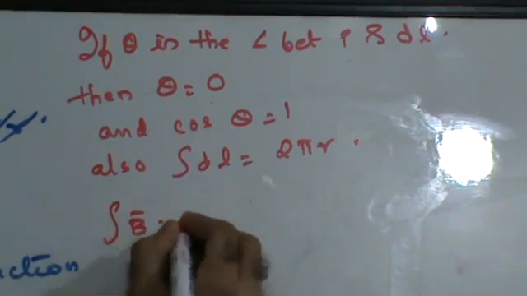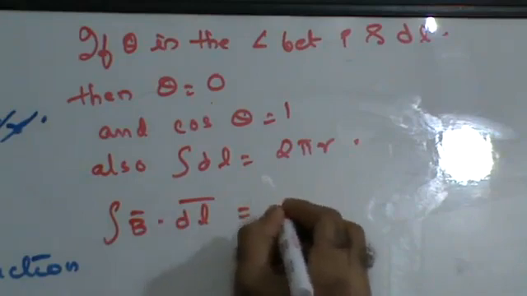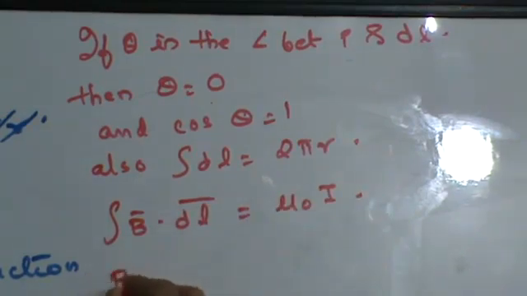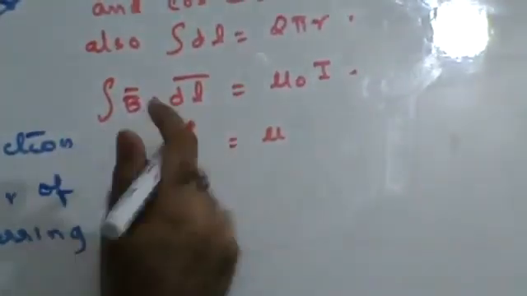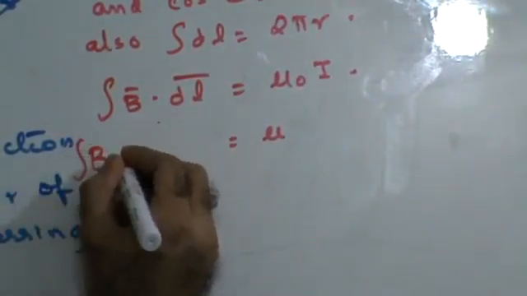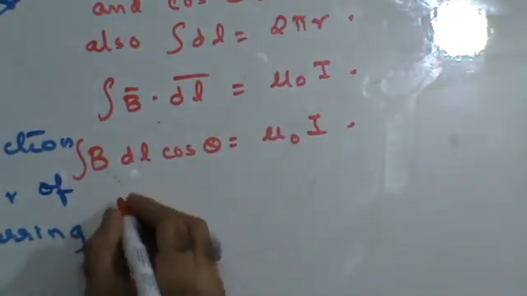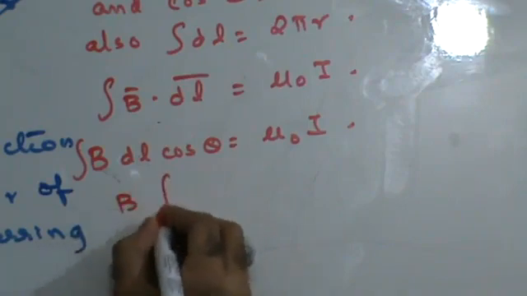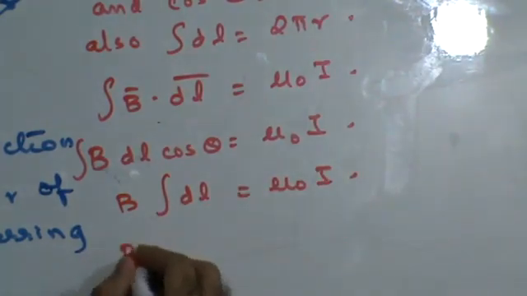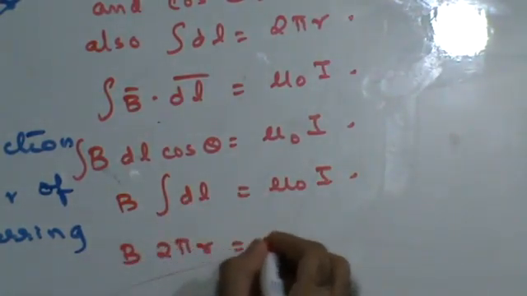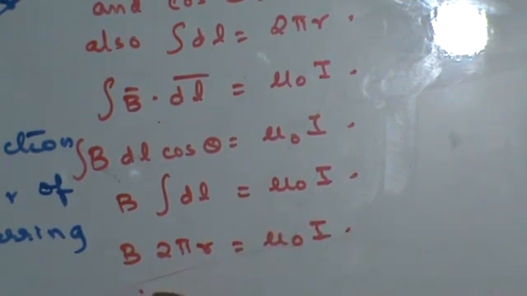Before this I can write integral of B dl cos theta is mu 0 I. So this is going to be B is constant, comes out. dl cos 0 is 1, mu 0 I. B times integral of dl, which is nothing but 2 pi r, is mu 0 I. Therefore I can say B is mu 0 I upon 2 pi r.